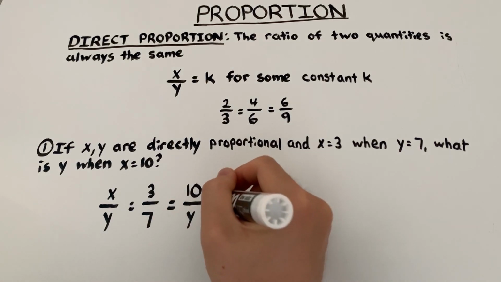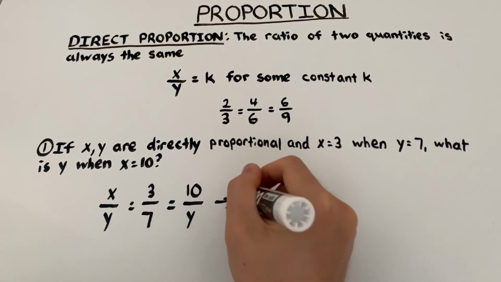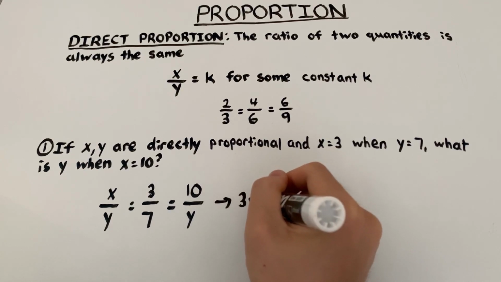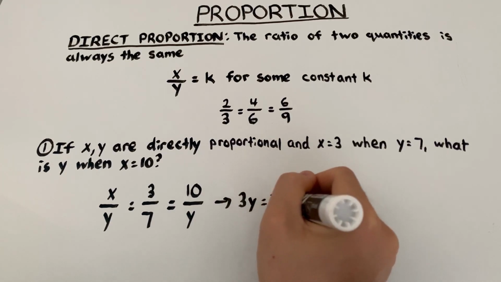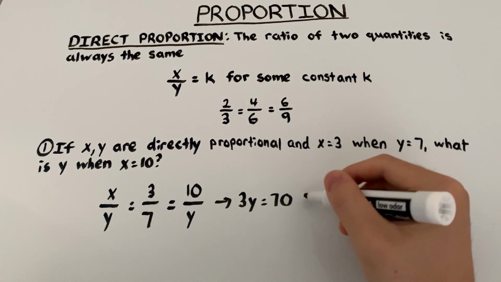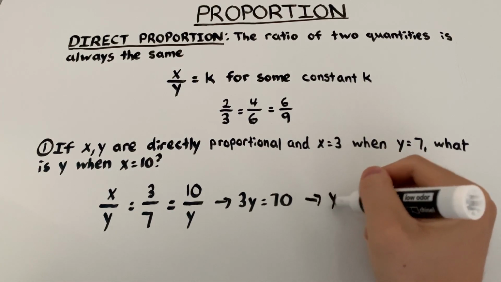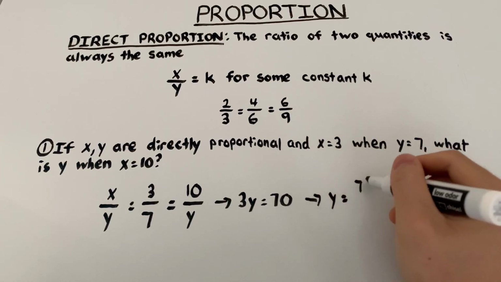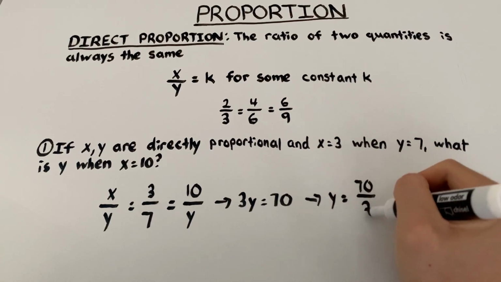So from here, we can say that 3y equals 70, which means that y equals 70 over 3.